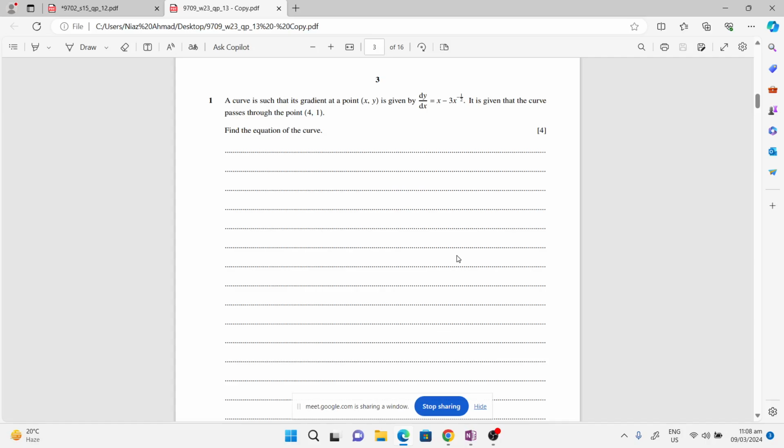Can you hear me? First you integrate it. Whenever you see the equation of a curve, you need to integrate the given derivative. We need to integrate our expression, that is x minus 3x to the power 1 over 2, dx. So what will be the integration of this expression?